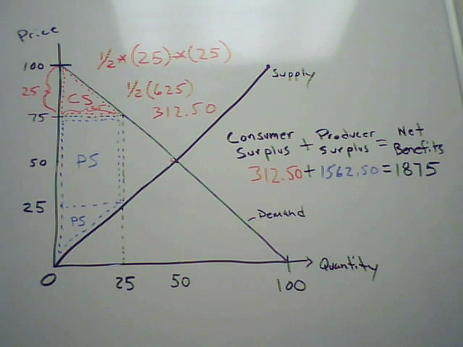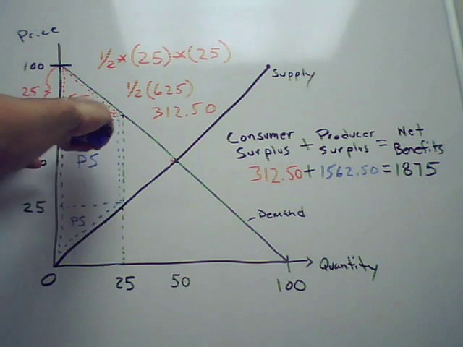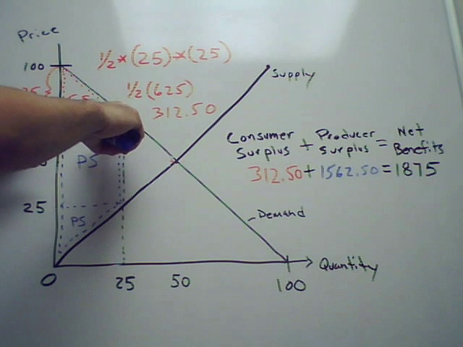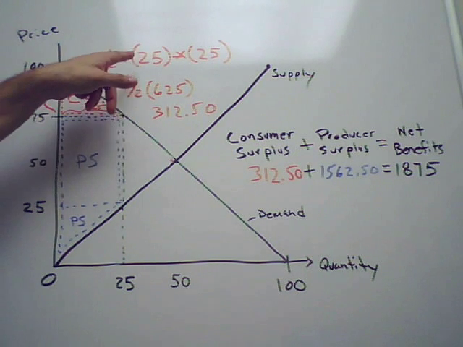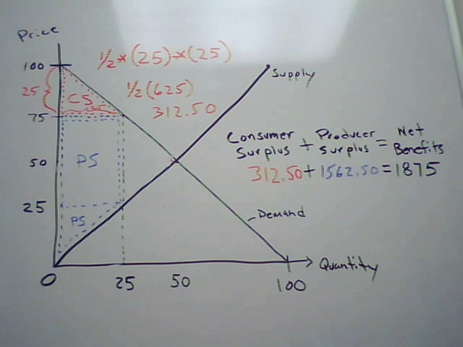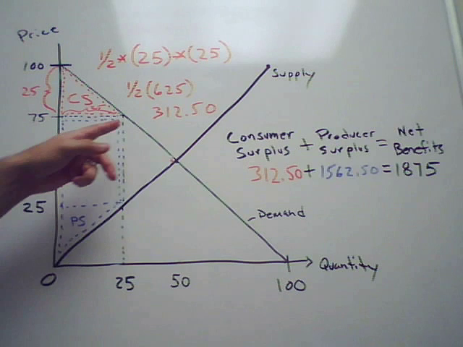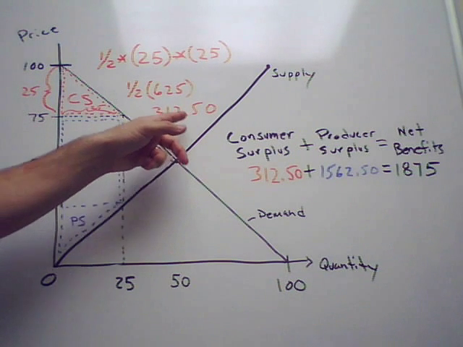The last area that I have to estimate is the area of the consumer surplus, again using the area of the triangle, 1/2 base times height. The base is from here to here, a distance of 25, and the height is from 75 to 100 for a distance of 25. So I have 1/2 times 25 times 25, which gives me 1/2 times 625, which gives me $312.50.